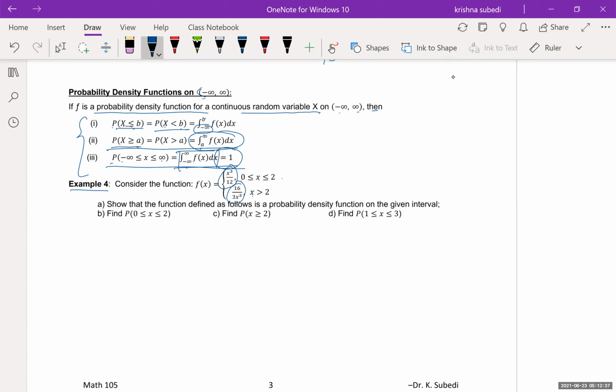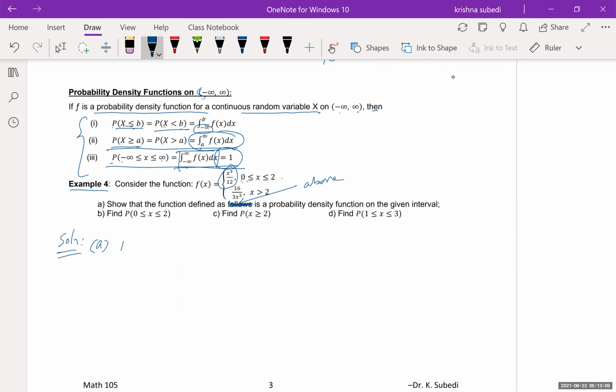Part A, show that the function defined as above is a probability density function on the given interval. Okay, we want to show that this one is a PDF. I think I can leave it to you, but anyway, let's look at it quickly.